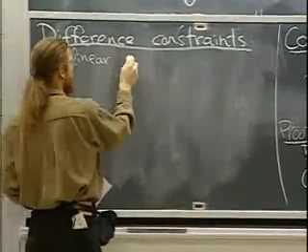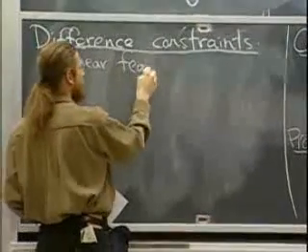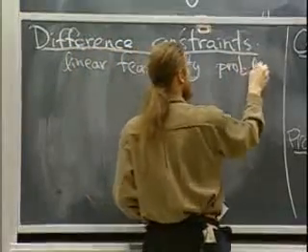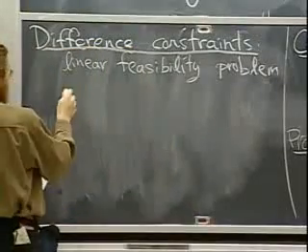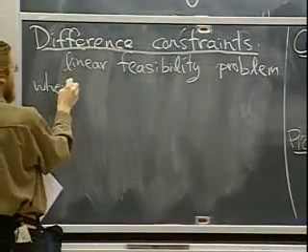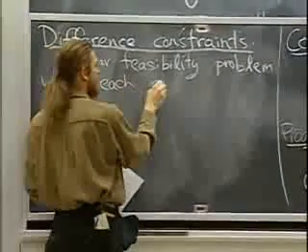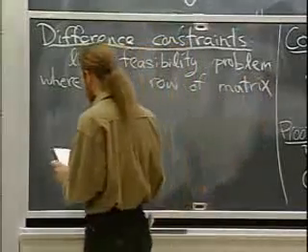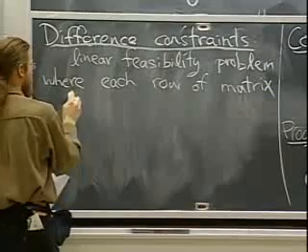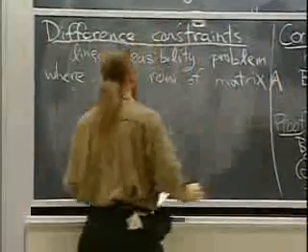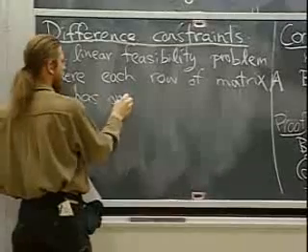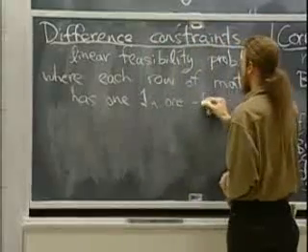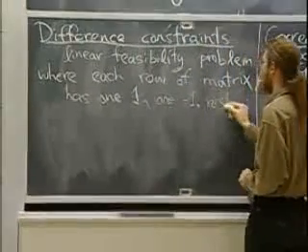A system of difference constraints is a linear feasibility problem, so it's an LP where there's no objective. And it's with a restriction: each row of the matrix A has a 1 and a minus 1, and everything else in the row is 0.